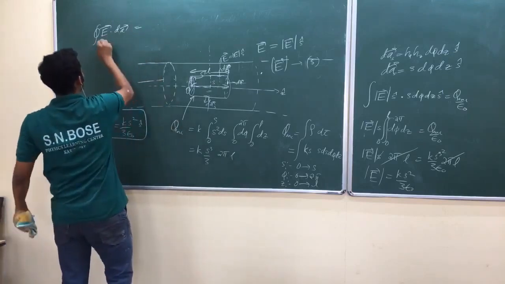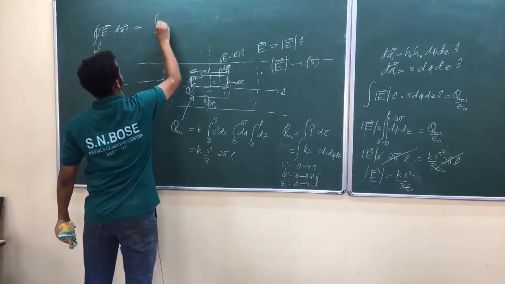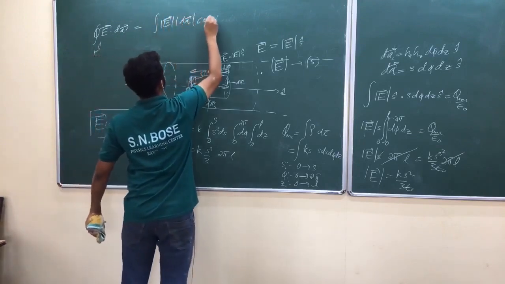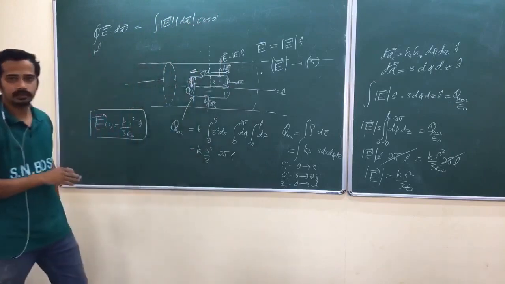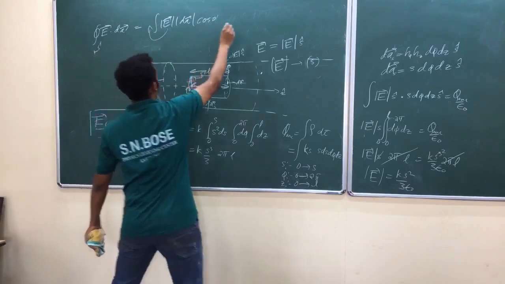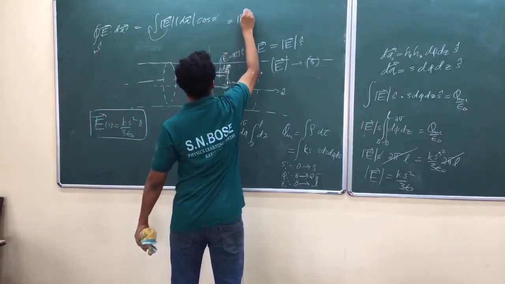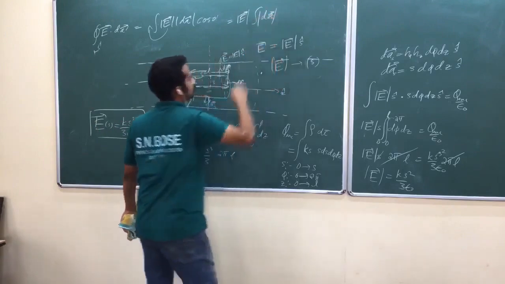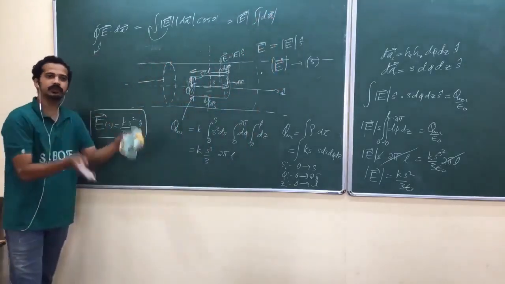Usually we run our Gaussian surface in such a way that mod E, mod dA into cos 0 happens. Electric field and dA vector are along the same direction, and this electric field will come out, am I right? So when electric field comes out, that becomes integral of dA. What is this one? Integral of mod dA, that is surface area.